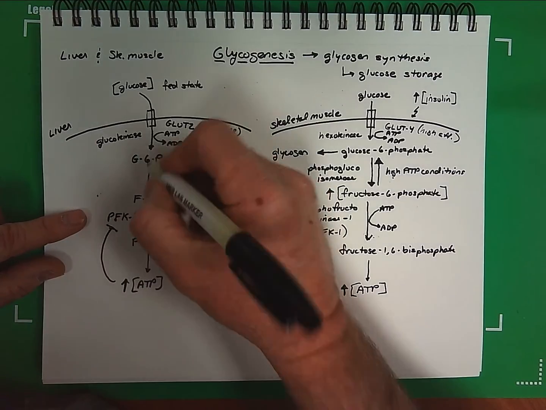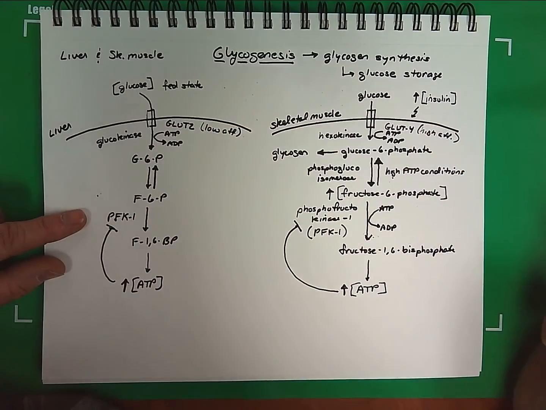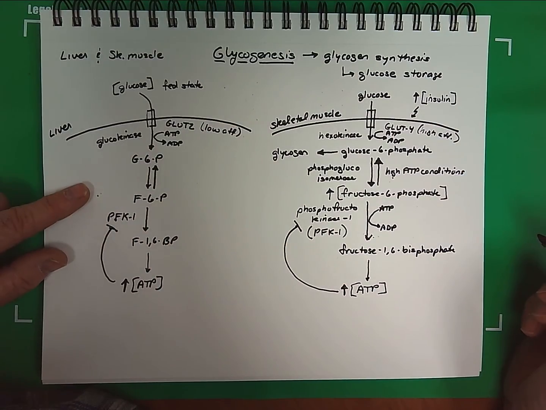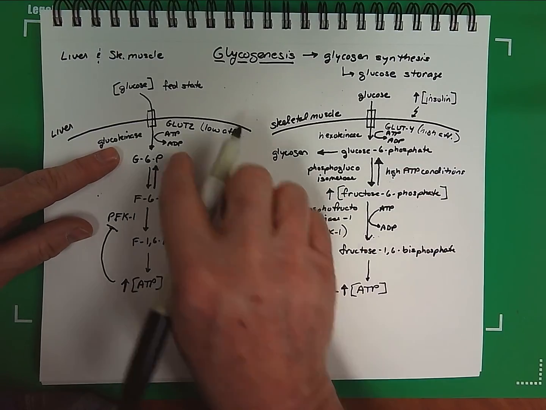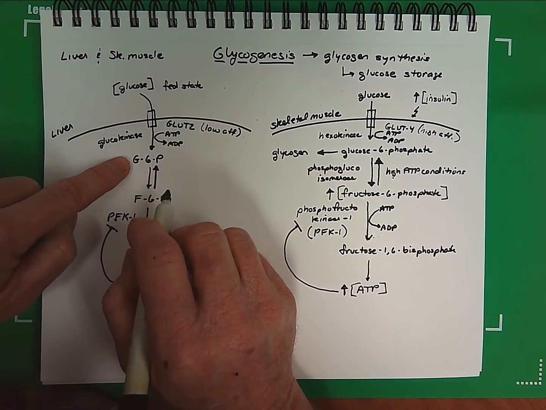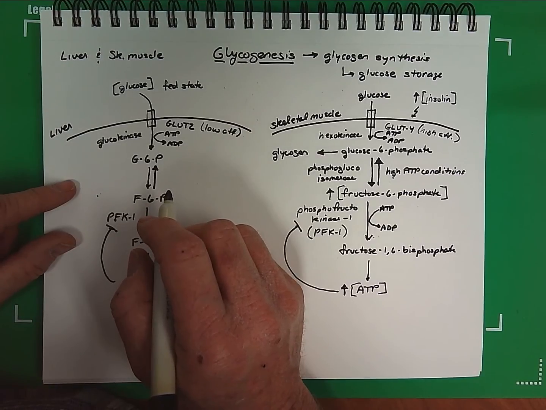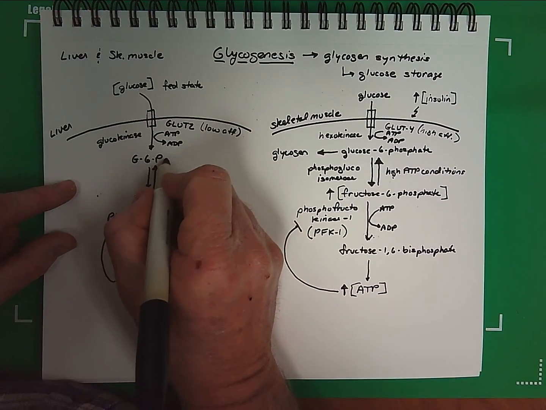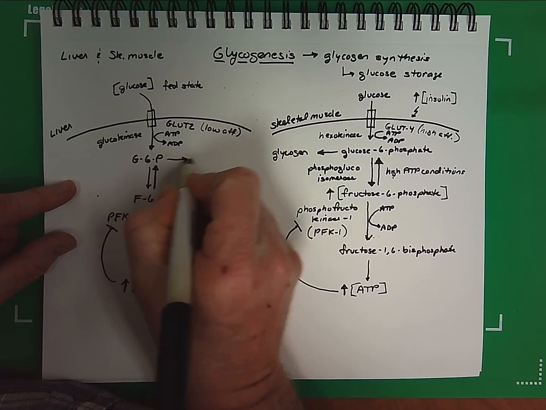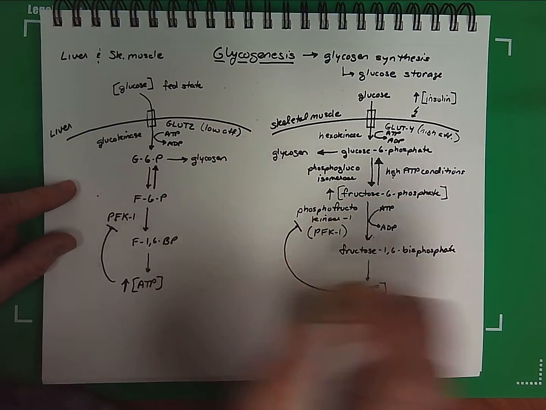By inhibiting PFK1, we take advantage of the reversibility of the phosphoglucoisomerase enzyme. And again, the glucokinase reaction is irreversible, so we cannot go backwards. So the glucose 6-phosphate concentration starts to build. The purpose of this then is to shunt this into glycogen synthesis.